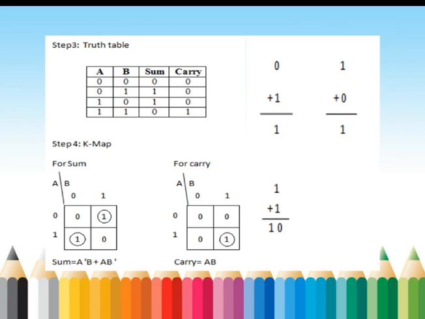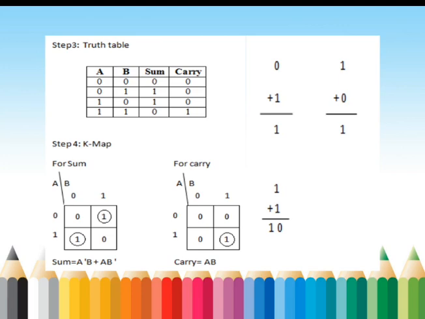Since it is a 2 input device, it will have 2 power 2 input binary combinations. They are 0 0, 0 1, 1 0, 1 1. Accordingly, we should calculate the sum and carry values. So let us start analyzing this truth table.